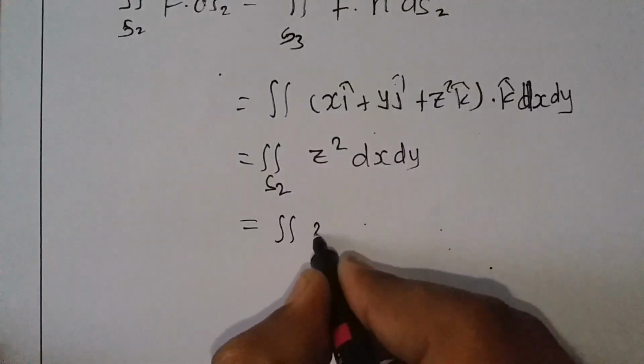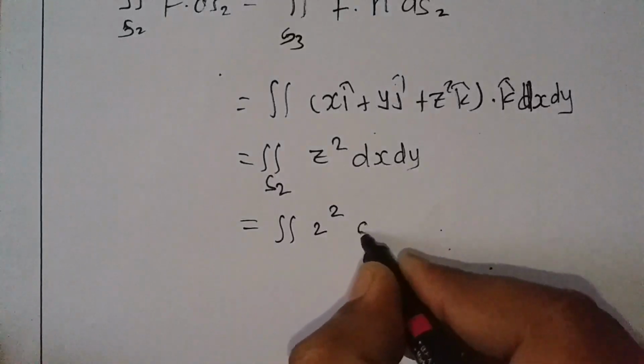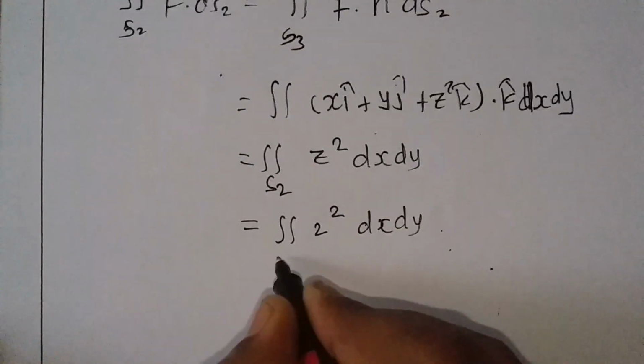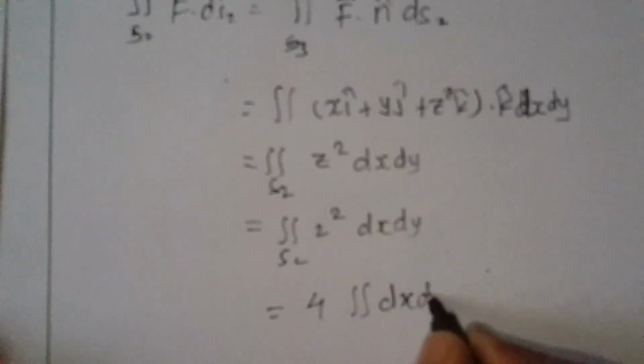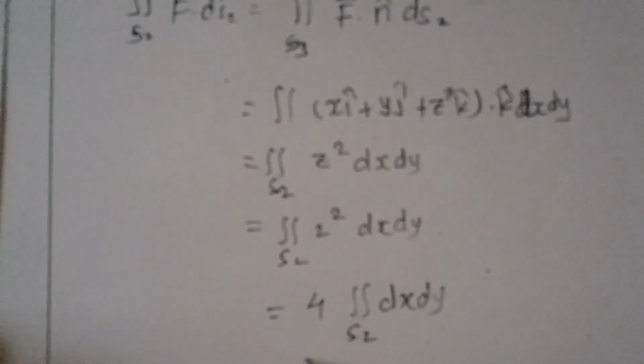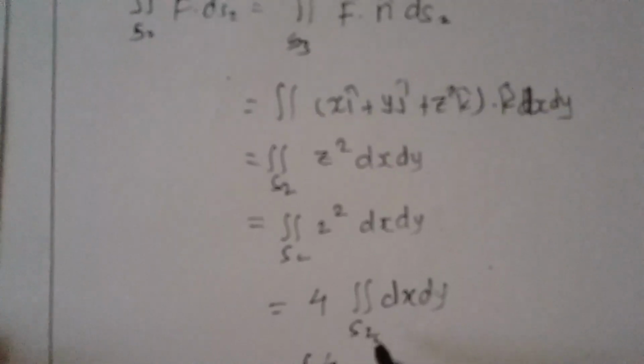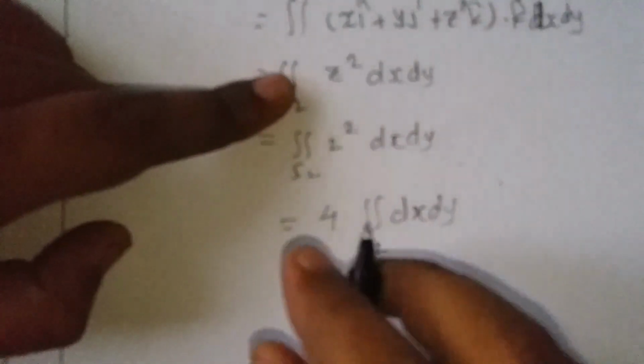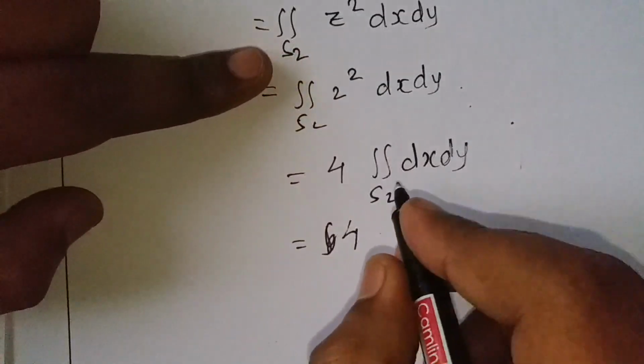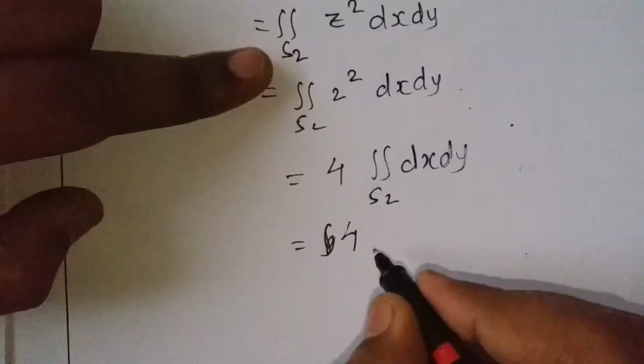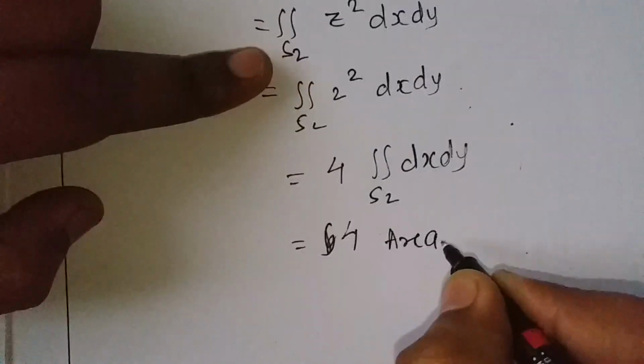So z square will be 2 square dx dy, and 2 square is 4 dx dy over S2. This is again the definition of area. The double integral of dx dy is the definition of the area of S2.